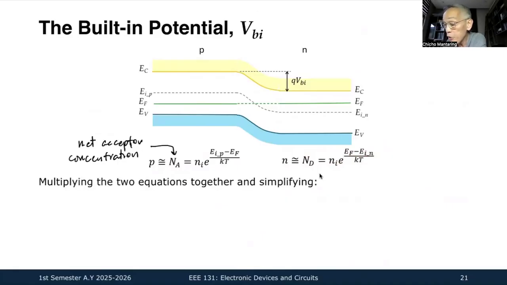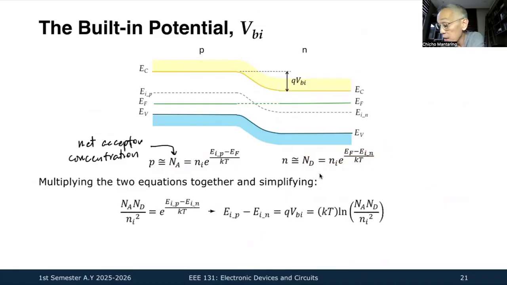If you multiply these two equations together, you get Na Nd divided by N_i squared. So Na Nd is equal to N_i squared e to the E_i minus E_F over kT multiplied by e to the E_F minus E_i over kT.